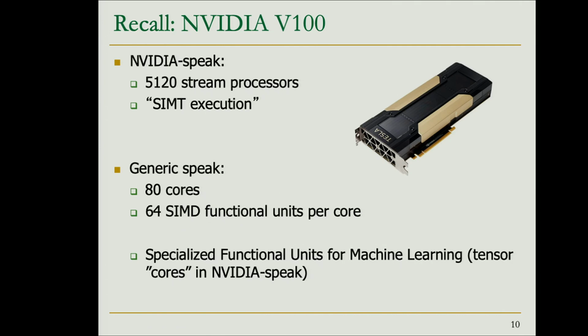Now observe how much the number of stream processors has changed, from 240 to 5,120. Much more powerful. The way that they are organized is a little bit different. In the other GPU, we had like 30 cores with 8 SIMD functional units per core, and here what we have is 80 cores with 64 of these CUDA cores or stream processors.